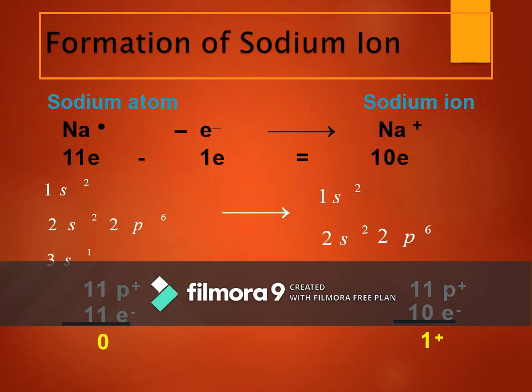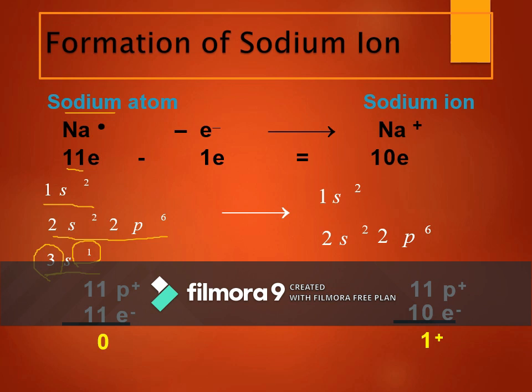Here is the formation of the sodium ion. Sodium is atomic number 11. Here is the electron configuration: 1s2, 2s2, 2p6, 3s1. 2 plus 2 plus 6 plus 1, the total of 11. 3 is the valence shell, and this is the valence electron.